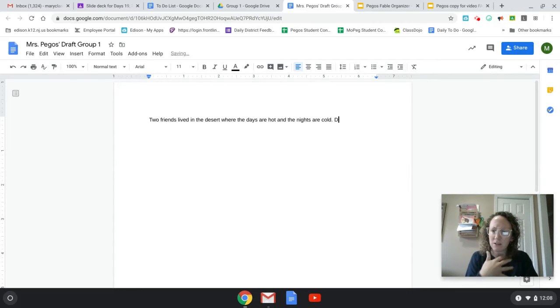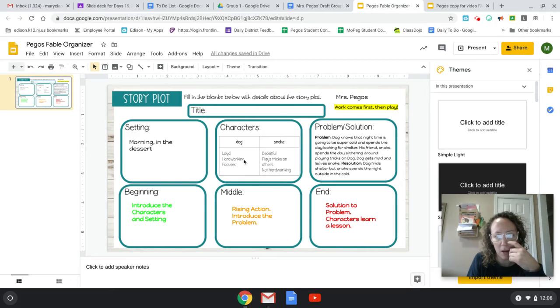And then I want to start, so that's my setting, right? I'm setting it up. It's the desert. The days are hot. The nights are cold. Now I'm going to start to introduce my characters, right? I'm going to say dog was hard working and focused. So again, remember I can go back here. So I have he's loyal, hardworking, and focused. Right now I'm not going to talk about loyal. I'm just going to talk about him being hardworking and focused.